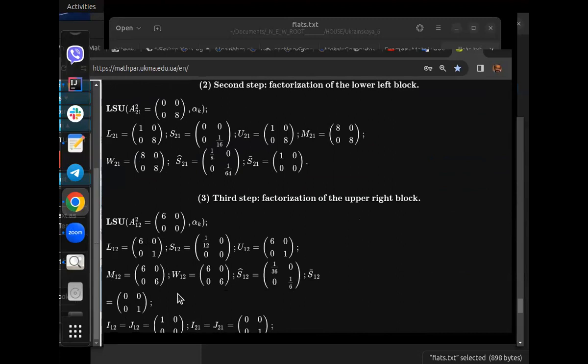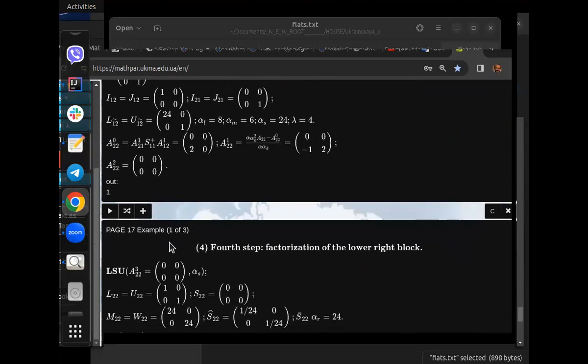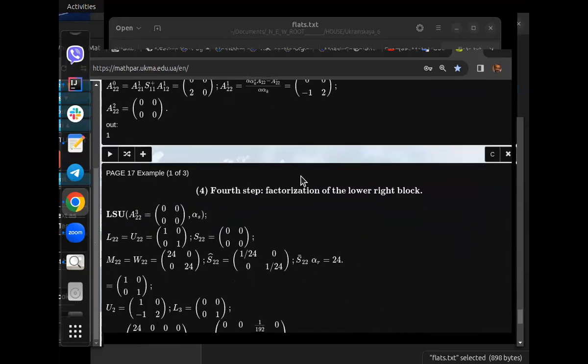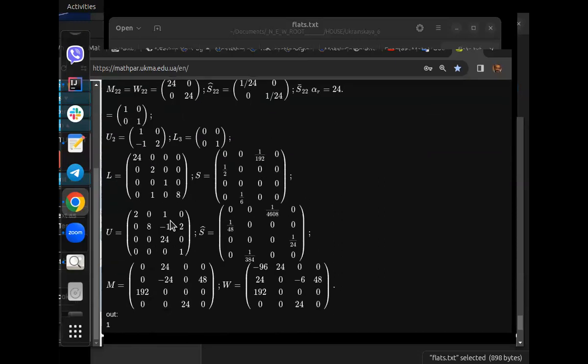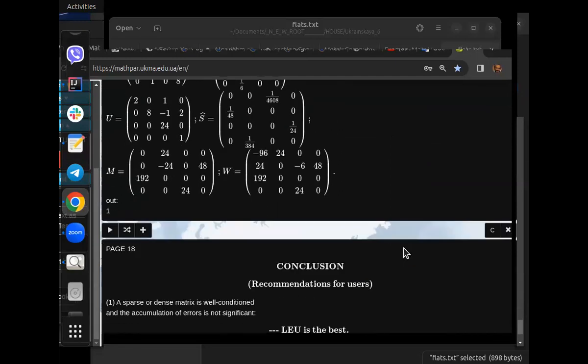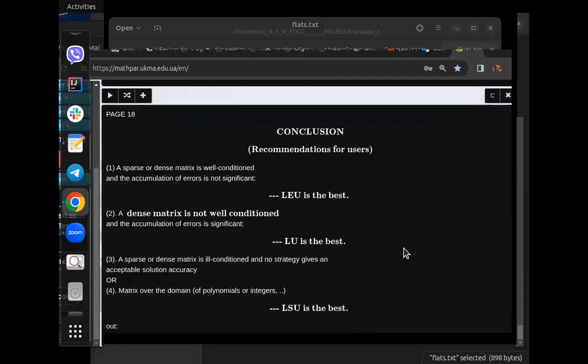Here it is. And then we can compute matrix A22. And this is step 4, decomposition of this matrix. It is equal to 0, so it is very easy to do this decomposition. And this is the final result, obtaining matrices L, S, U, M, capital M, and capital W. And you can check that it is correct.